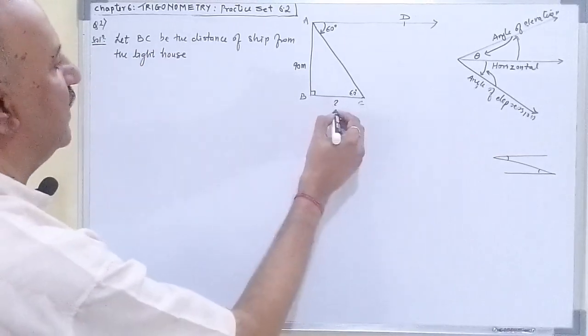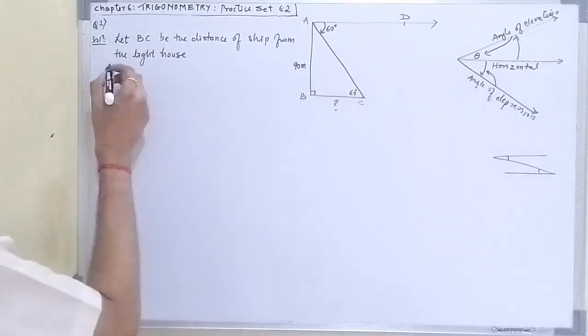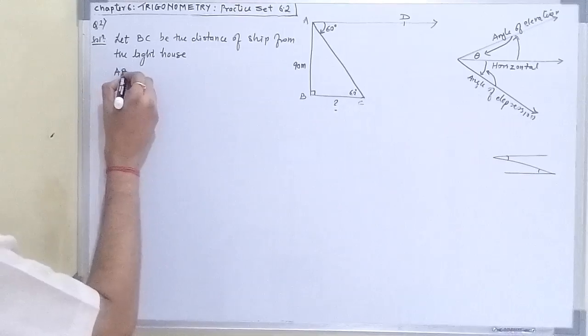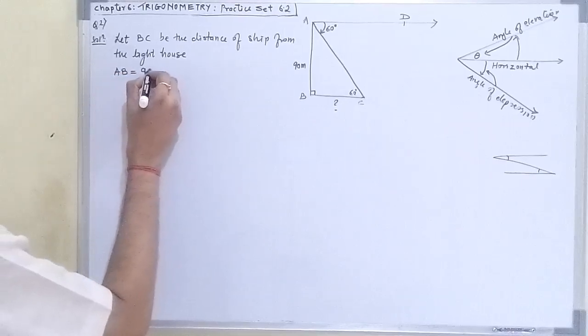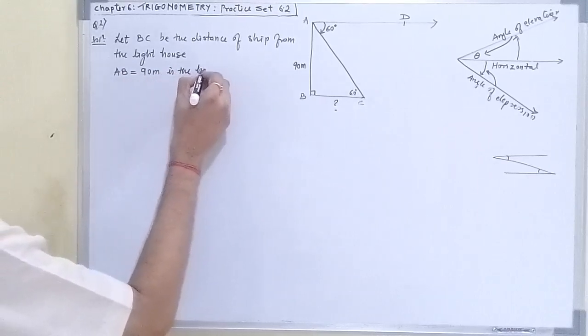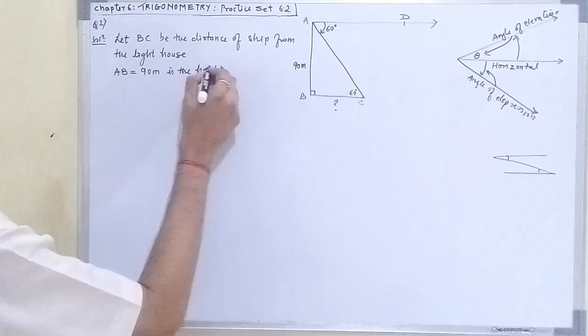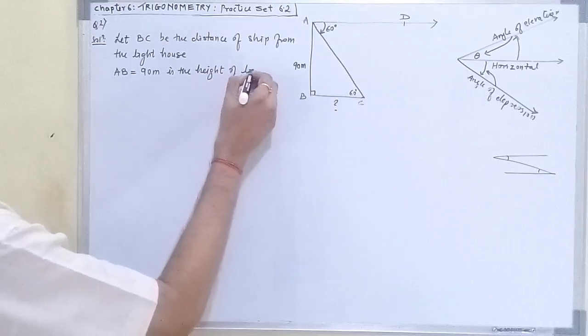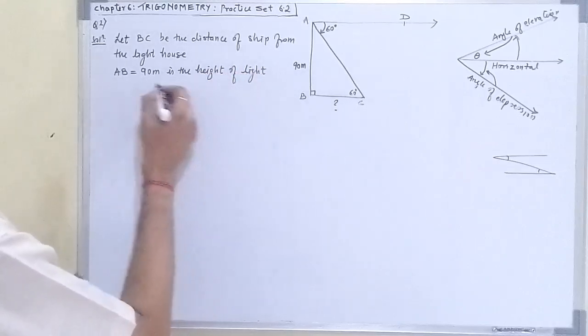We have to find this. AB, what is AB? AB is equal to 90 meters, the height of the lighthouse.